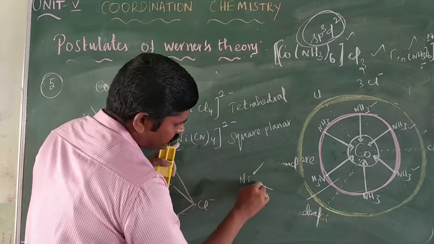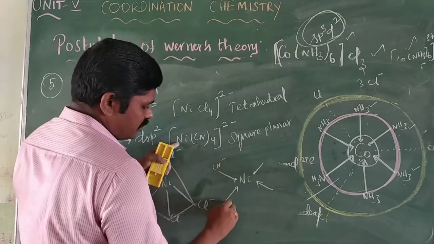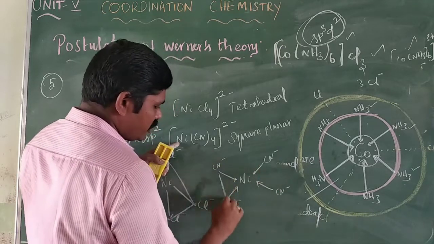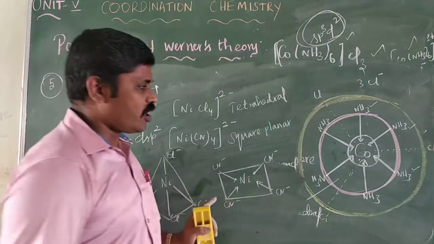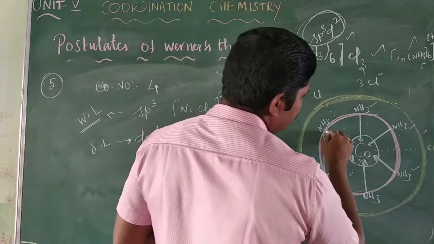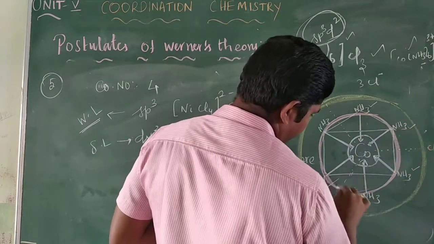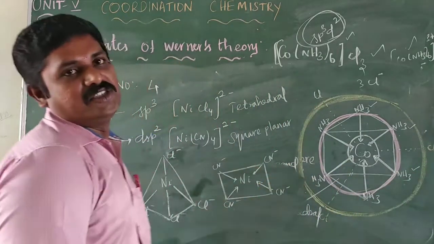Nickel with four CN minus gives square planar geometry. And with coordination number 6, the geometry is octahedral.